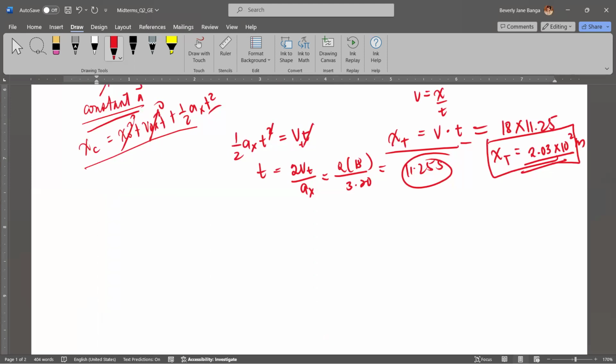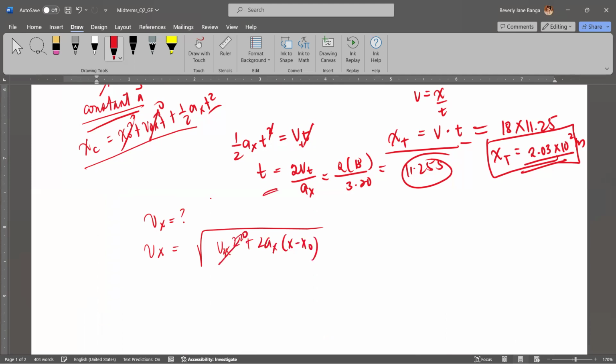Next, how fast is the car traveling when it overtakes the truck? That means, what is the Vx of our car when it overtakes the truck? You can use any other equation except for x. I like using the fourth equation. You can use others, since we know the time.